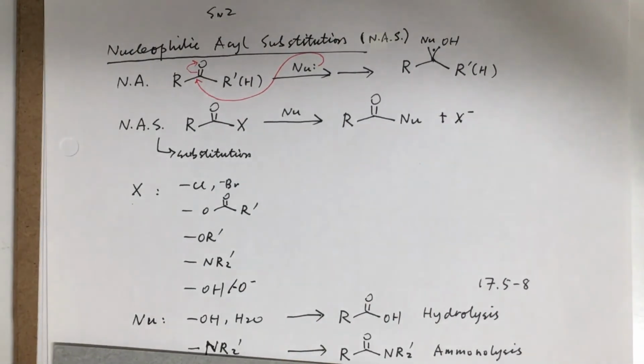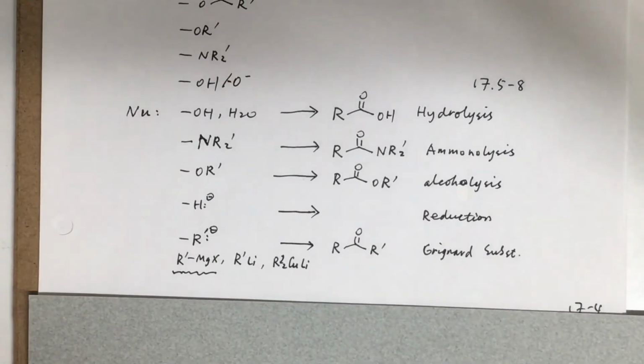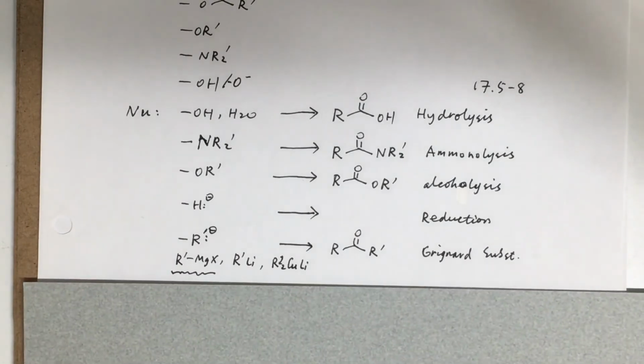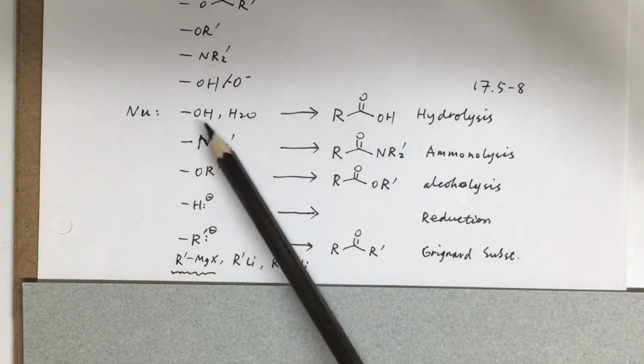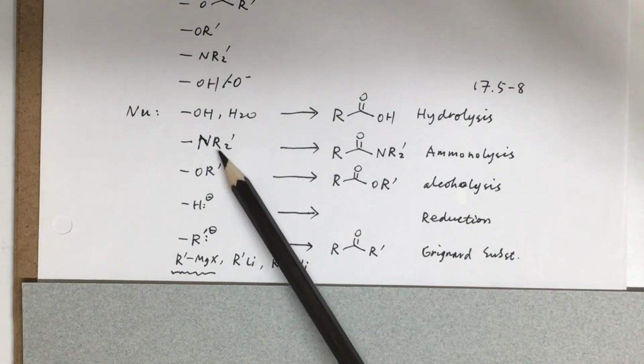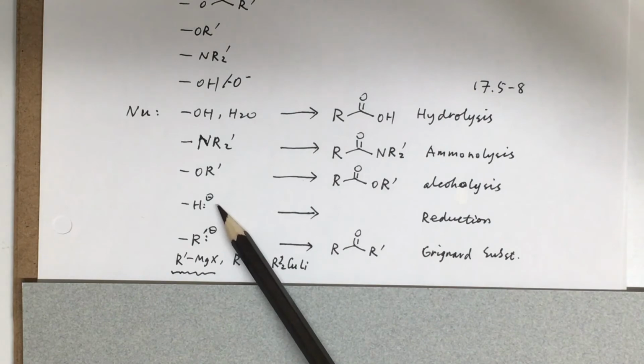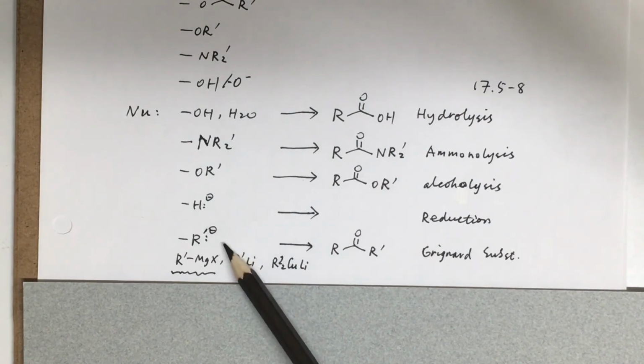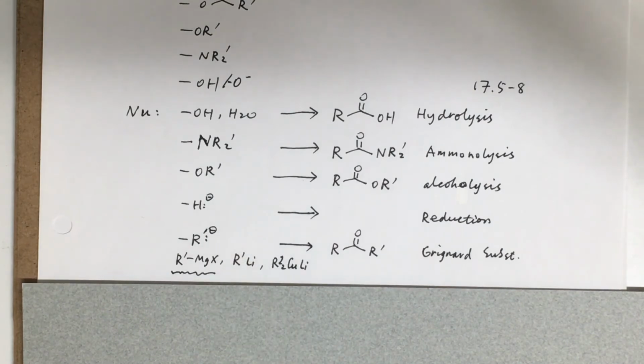And the nucleophiles include the following. The nucleophile could be an oxygen-based nucleophile, hydroxide, water, alkoxide. It could be a nitrogen-based nucleophile, and there could also be hydride or alkylide nucleophiles.